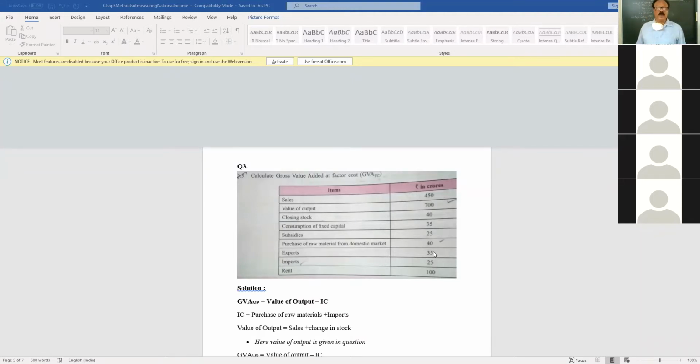There is no mention of IT. Excise duty, sales tax, custom duty, nothing. So for IT, we put 0 minus subsidies. How much is it given? 25 is given. So how much has it become? 635 plus 25, which is 660 crores.